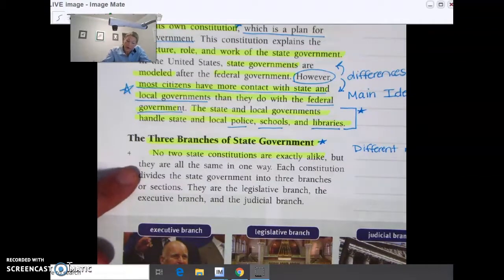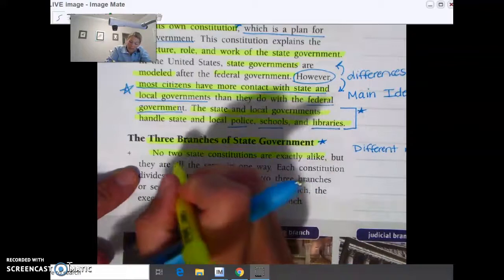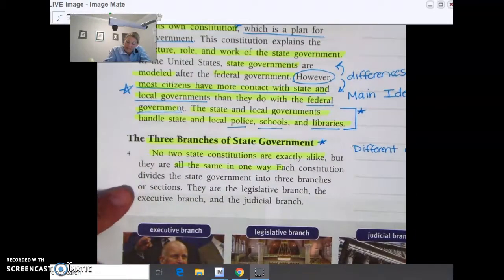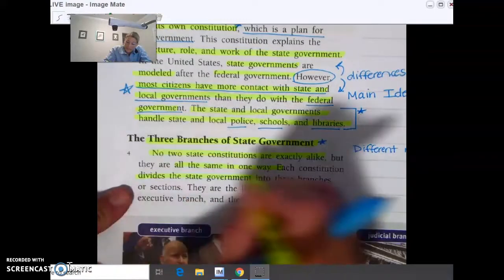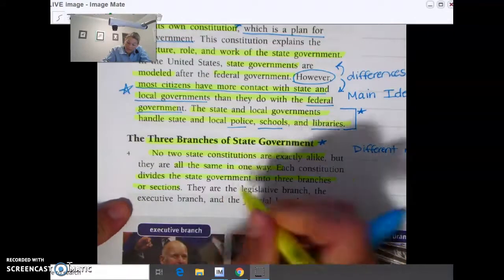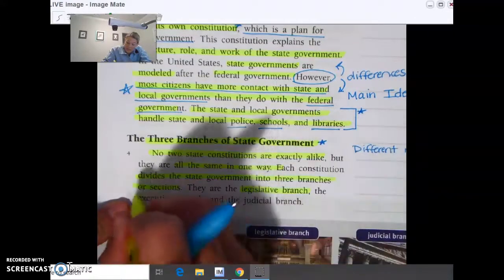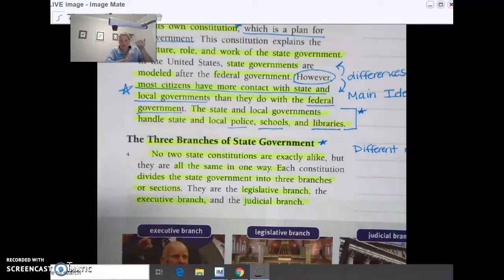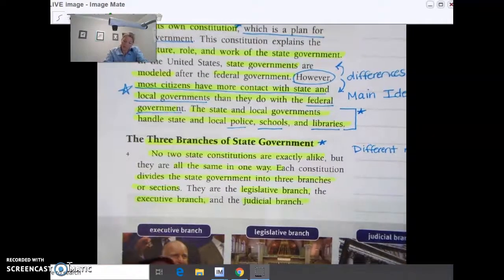But they are all the same in one way. Each constitution divides the state government into 3 branches or sections. They are the legislative branch, the executive branch, and the judicial branch. So the federal government has the executive branch, the legislative branch, and the judicial branch. And each of our states follow those same structures.